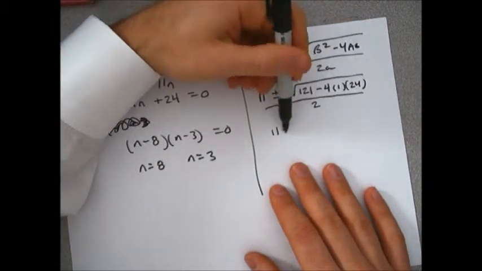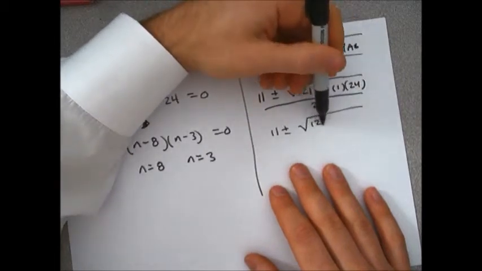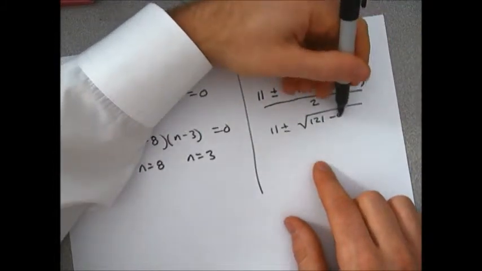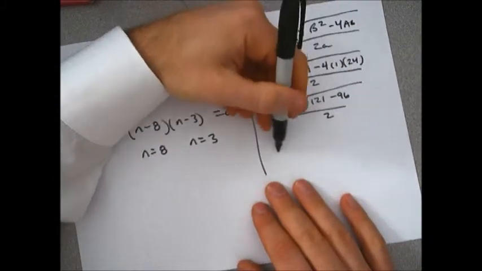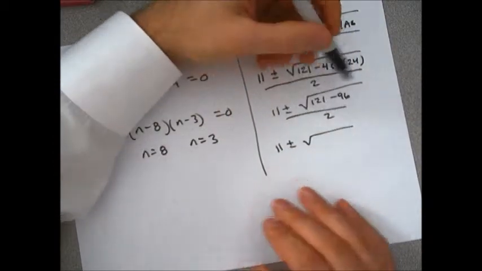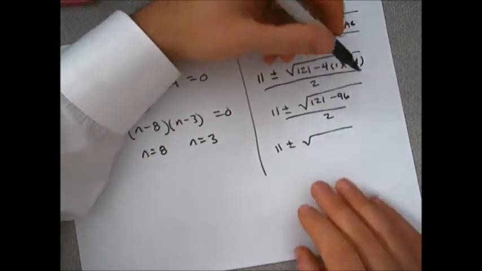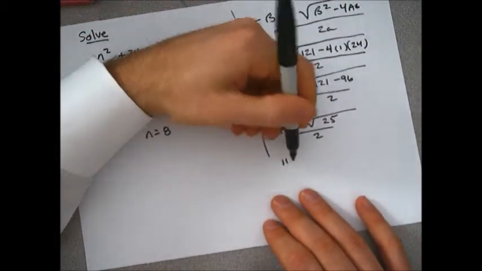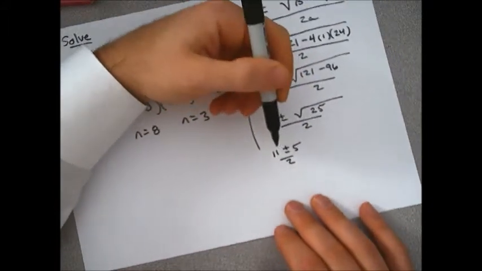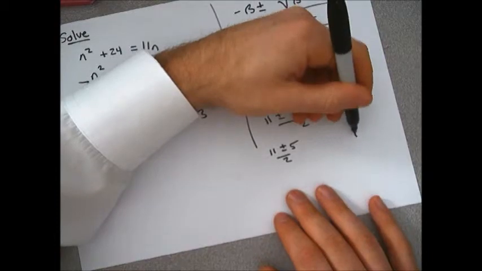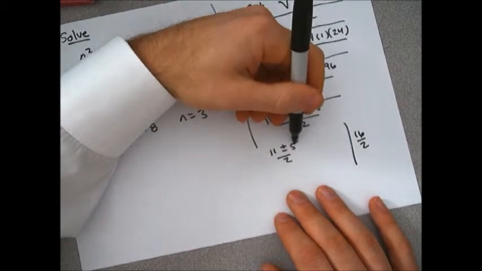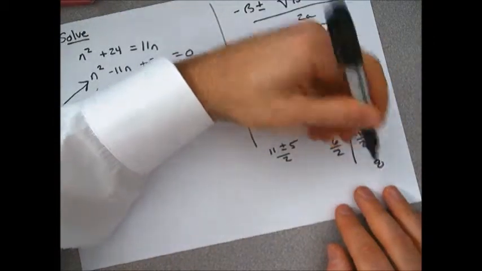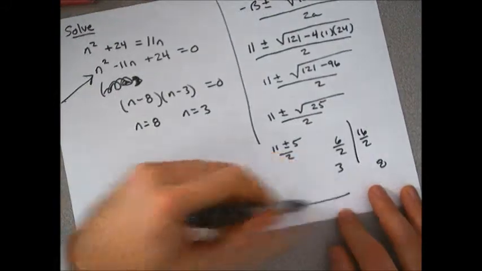That's 11 plus or minus the square root of 121 minus 4 times 1 times 24, which is 96, all over 2. 121 minus 96 is 25, so this becomes 11 plus or minus 5 over 2. 11 plus 5 is 16 over 2, and 11 minus 5 is 6 over 2. 16 over 2 is 8, and 6 over 2 is 3.